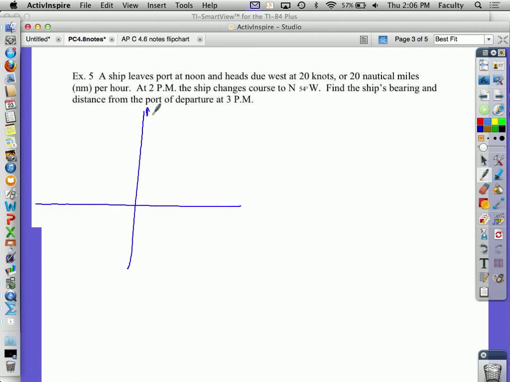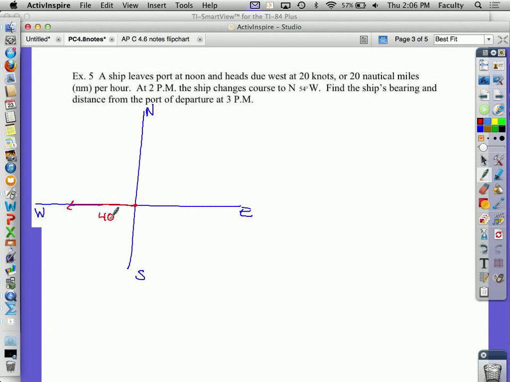All right, I'm going to try and make it bigger so I don't have as bad a problem here. Okay, so here's my north, south, east, and west. And I'm going to change colors so I can see things a little better. The ship leaves port at noon and heads due west for 20 knots or nautical miles per hour, and they go for 2 hours. So what would the distance be in 2 hours? 40.